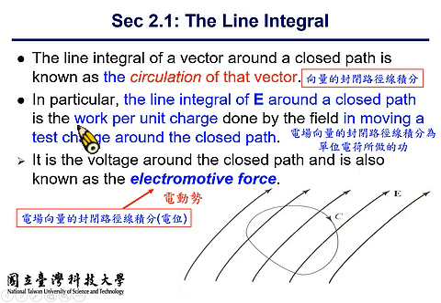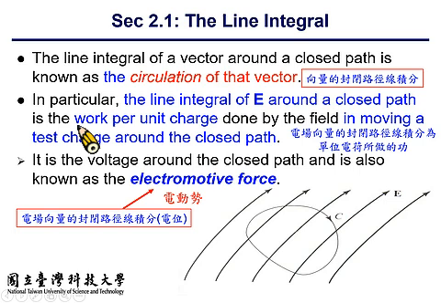The work. So the line integral of the electrical field is voltage potential.